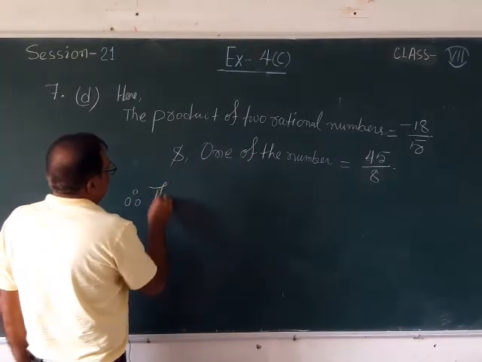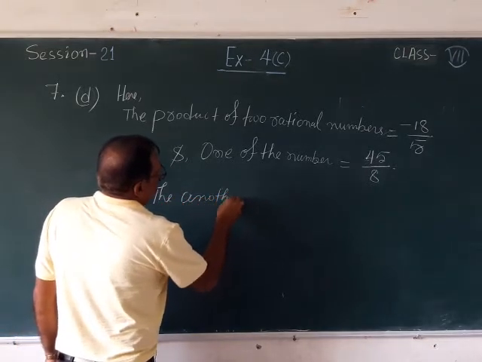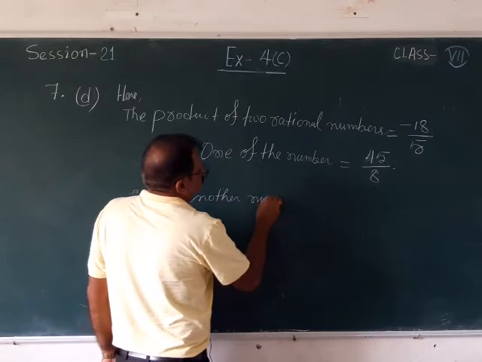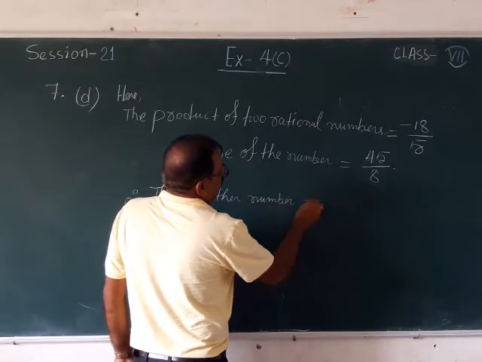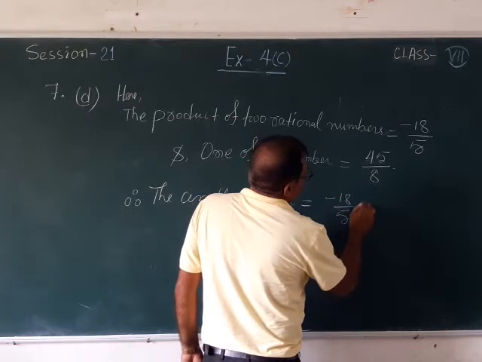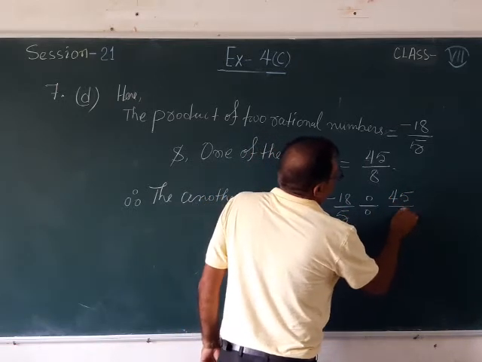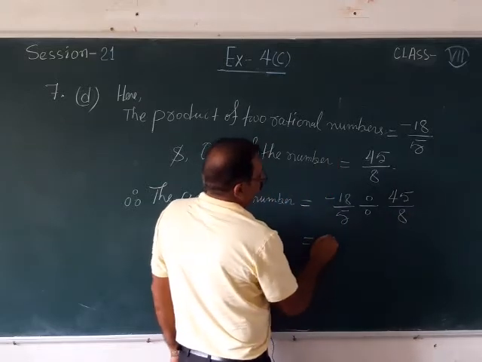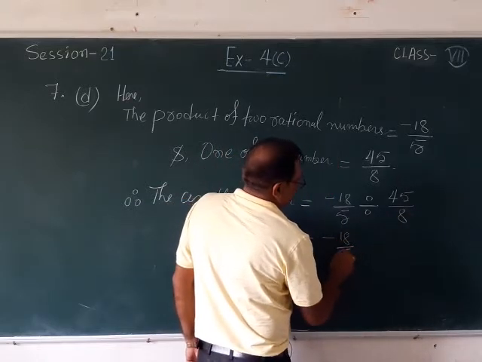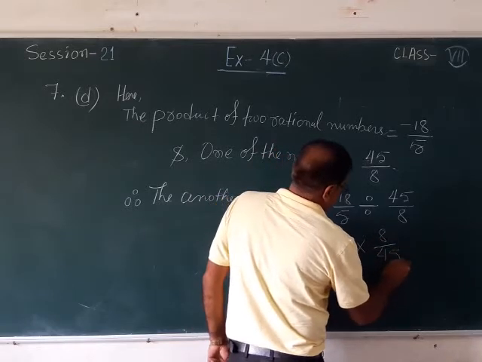Therefore, the other number will be minus 18 upon 5, and it should be divided by 45 upon 8. Now, you can write it like that: 5 multiplied by 8 upon 45.